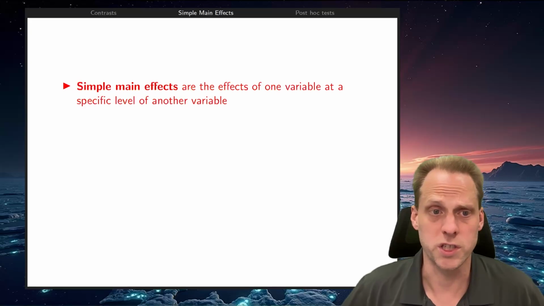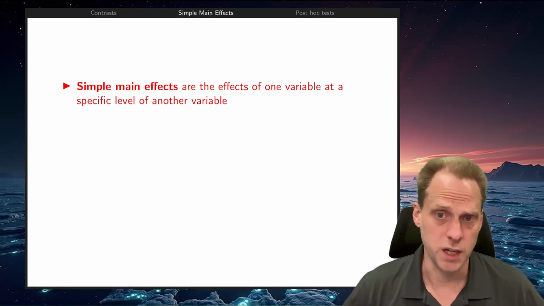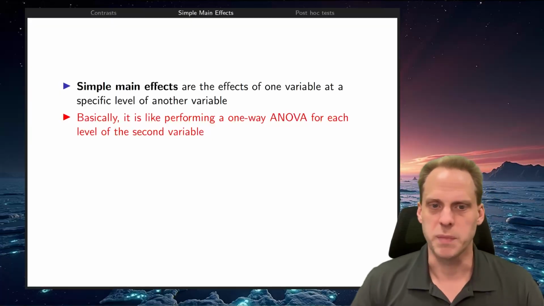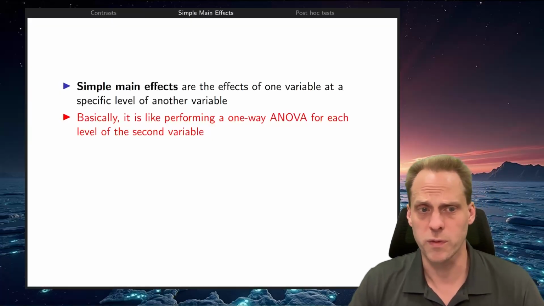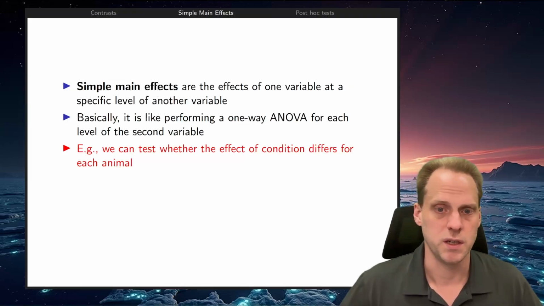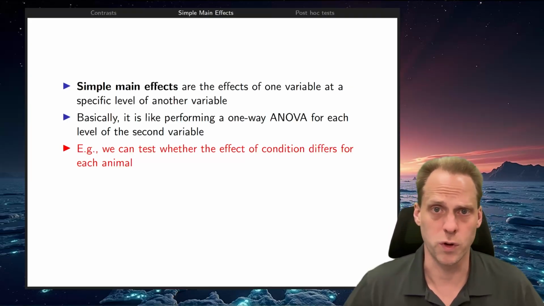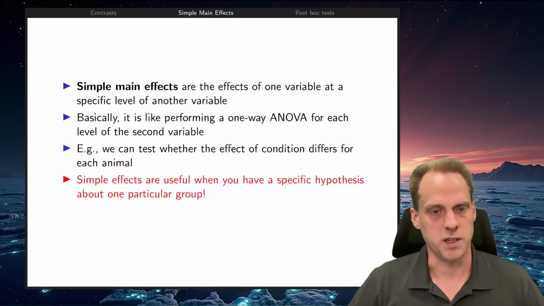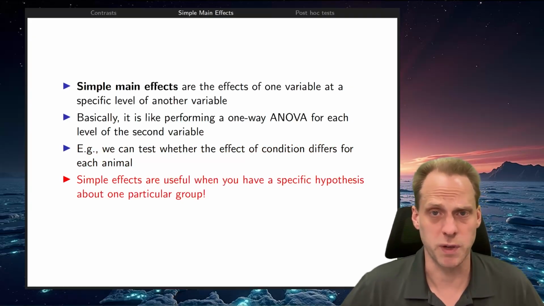Another thing we can do is a simple main effects analysis, and here we look at one variable for a specific level of another variable. It basically is like performing a one-way ANOVA for each level of the second variable. For example, we can test if there's an effect of condition for a particular animal, like hamsters. Simple effects are useful when you have a specific hypothesis about one particular group.